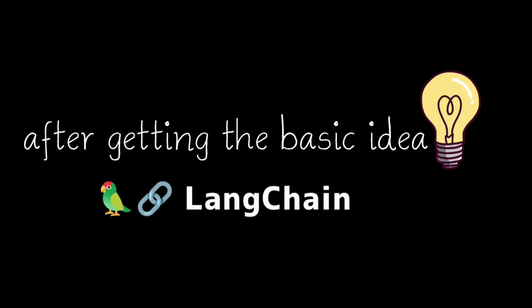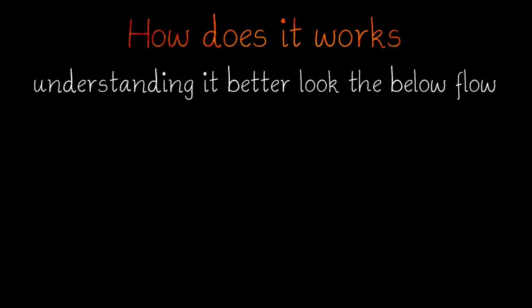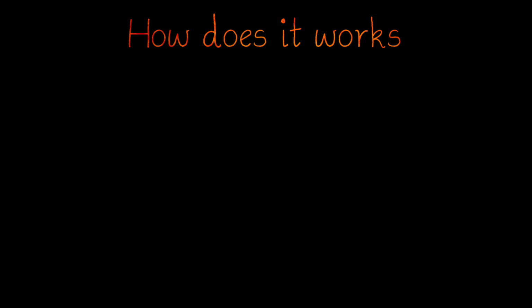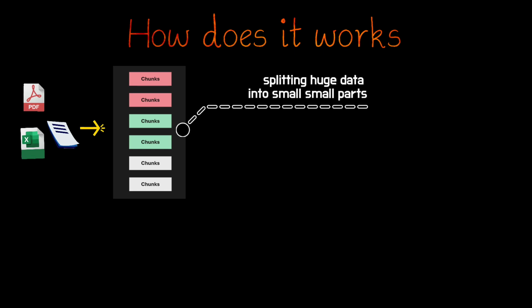After getting the basic idea of Langchain, let's now see how exactly it works. For understanding it better, let's look at the below flow. At first, different types of huge data are taken and then this data is divided into smaller chunks, where chunks are nothing but splitting huge data into small parts.